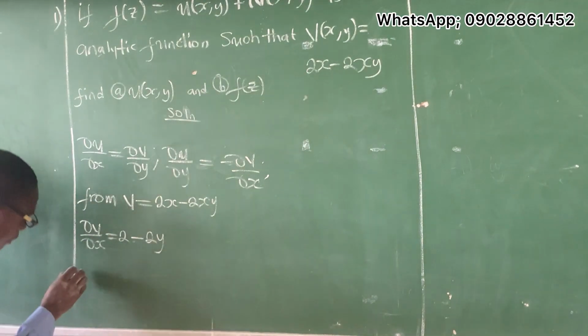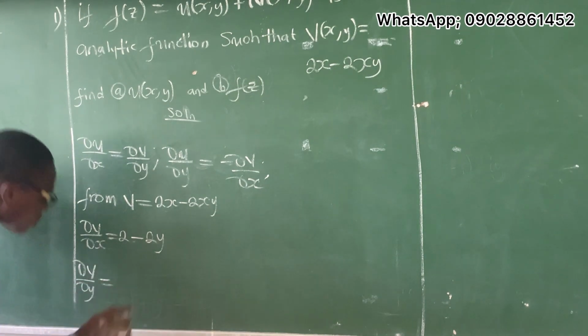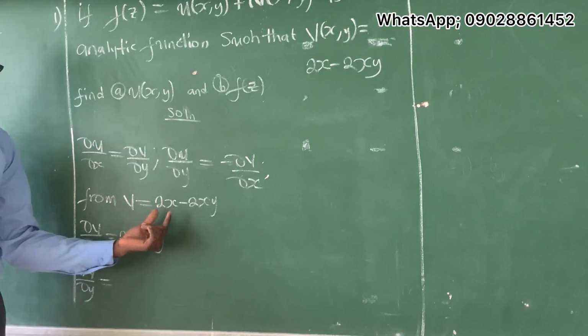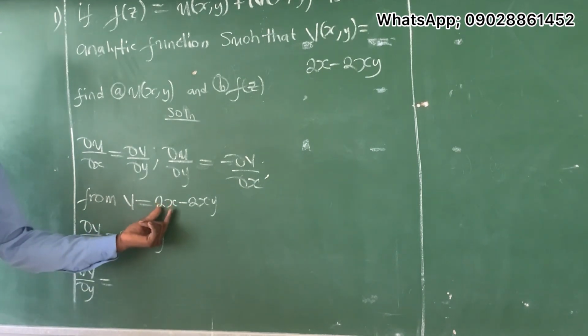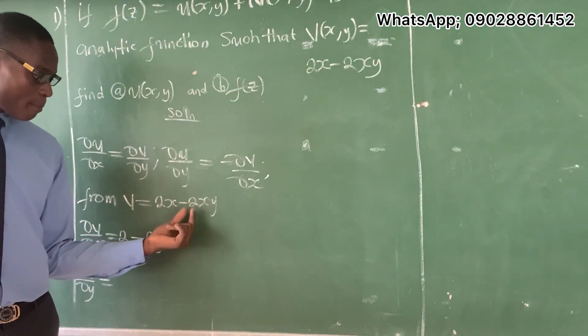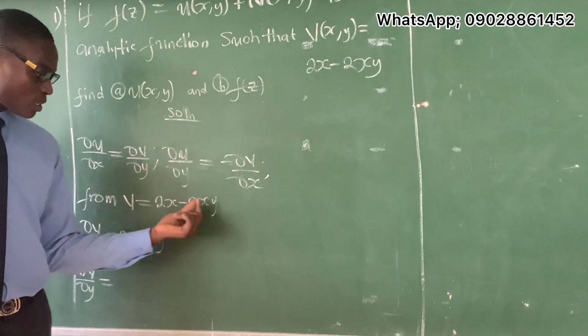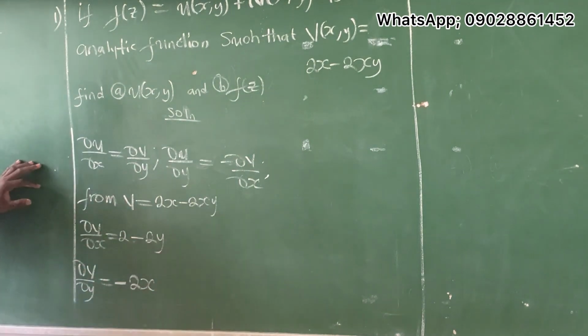And also, the partial derivative of v with respect to y is equal to, remember, we are treating x as constant here. So 2x is a constant, and if you differentiate a constant, you have 0. If you differentiate y here, you have 1 multiplied by minus 2x, which is the constant, so it becomes minus 2x.